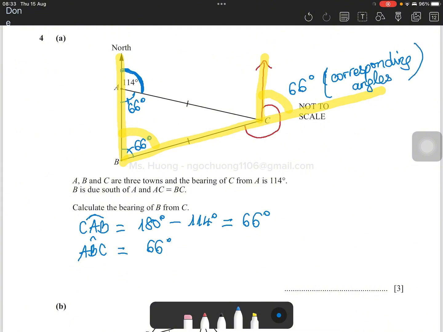And to find the bearing of B from C, we need to add 66 and the angle here. This is a straight angle, which is 180 degrees. So 66 plus 180 is equal to 246 degrees. Then the final answer is 246 degrees.